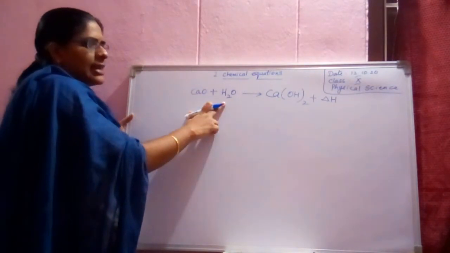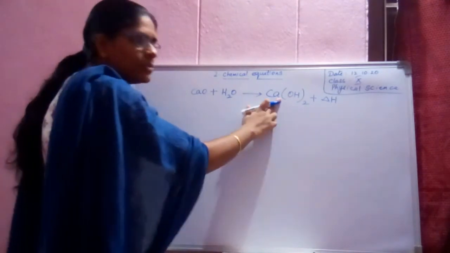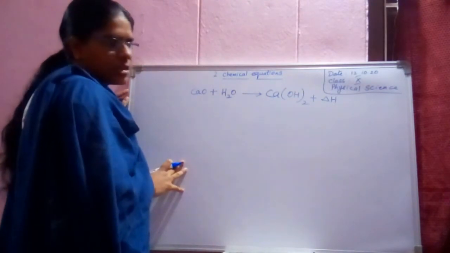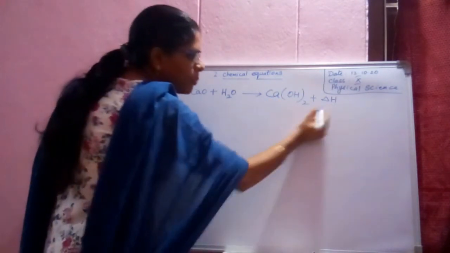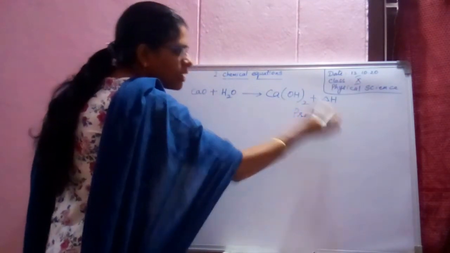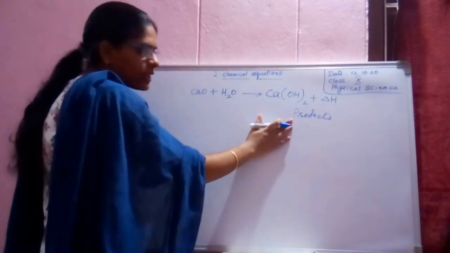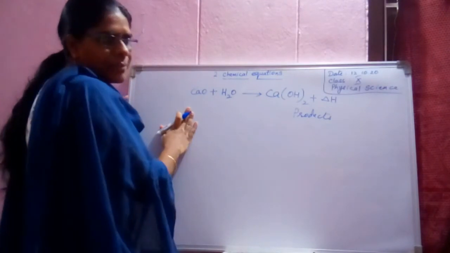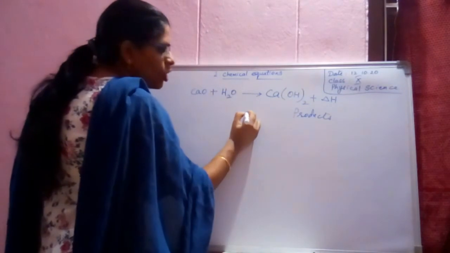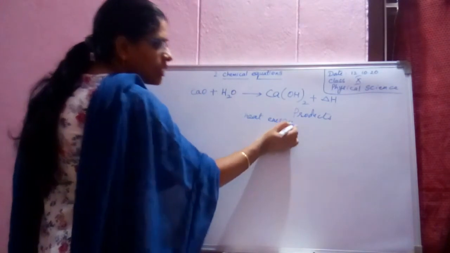When it reacts with water, it gives calcium hydroxide plus delta H. On the product side, to the right-hand side of the arrow, I call them products. To the left side, we call them reactants. Delta H in chemistry always represents heat energy.